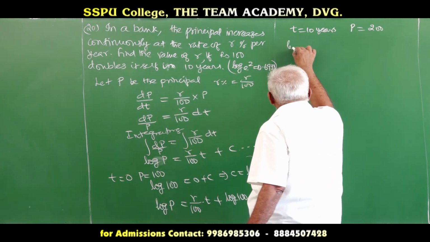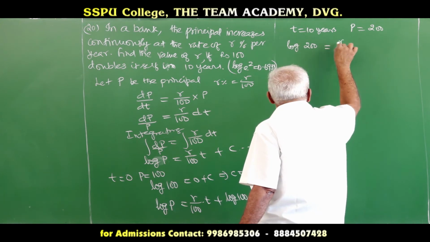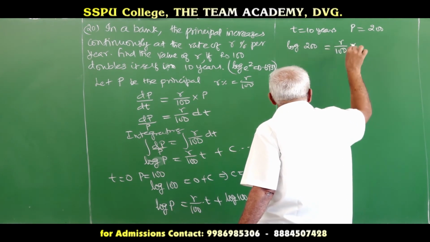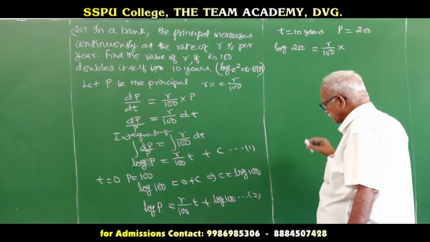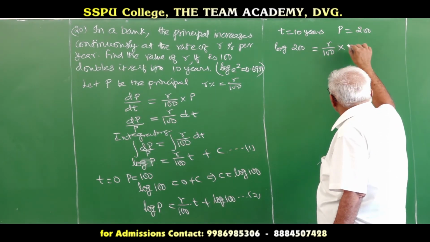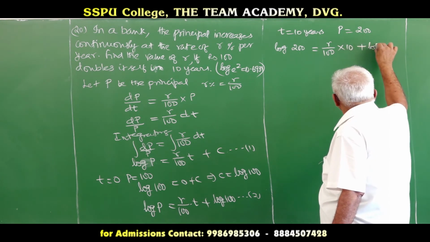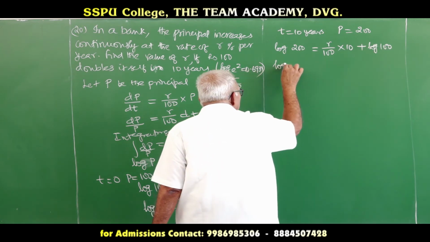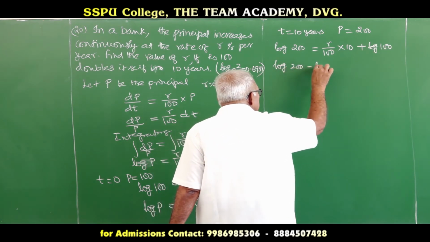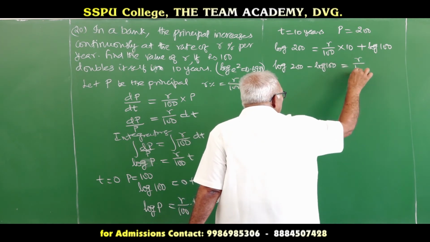This is log 200 is equal to r by 100 into 10 plus log 100. So log 200 minus log 100 is equal to r by 10.